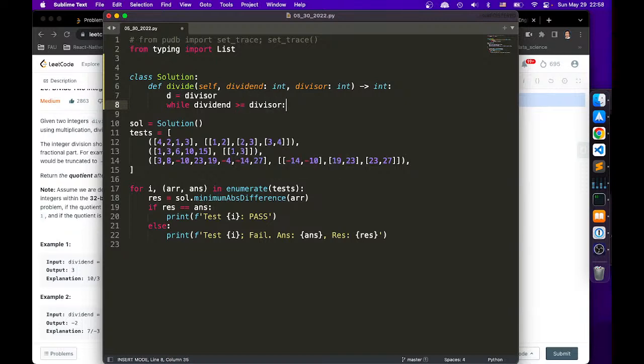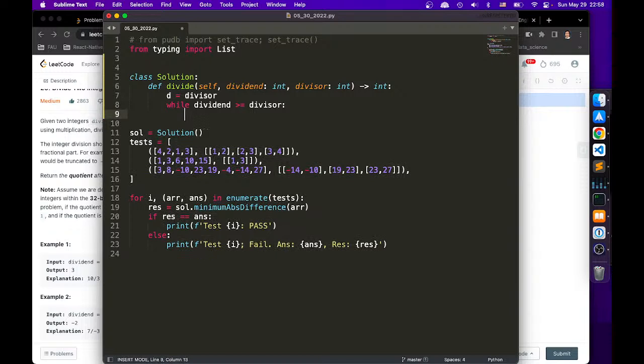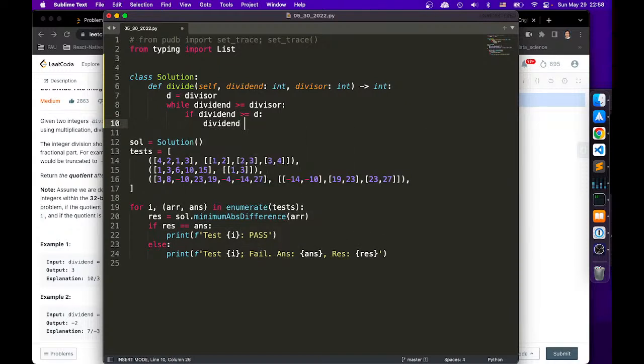That means we have more we can take away. And then we say if dividend is larger or equal to d, then dividend minus equal to d.